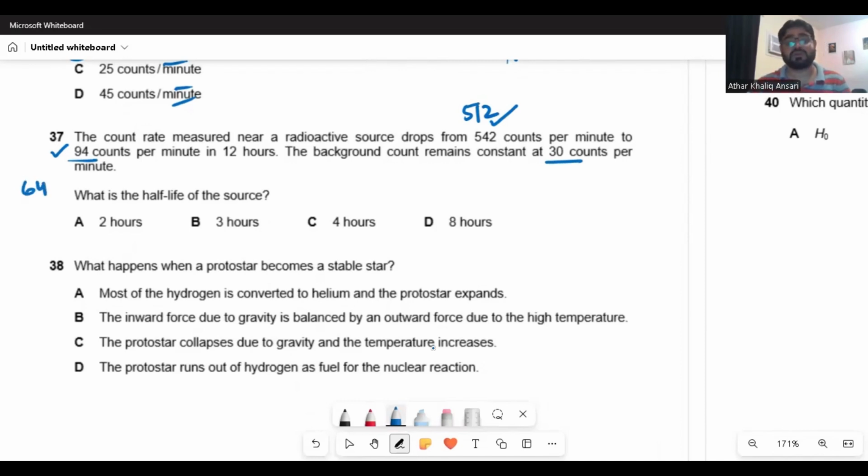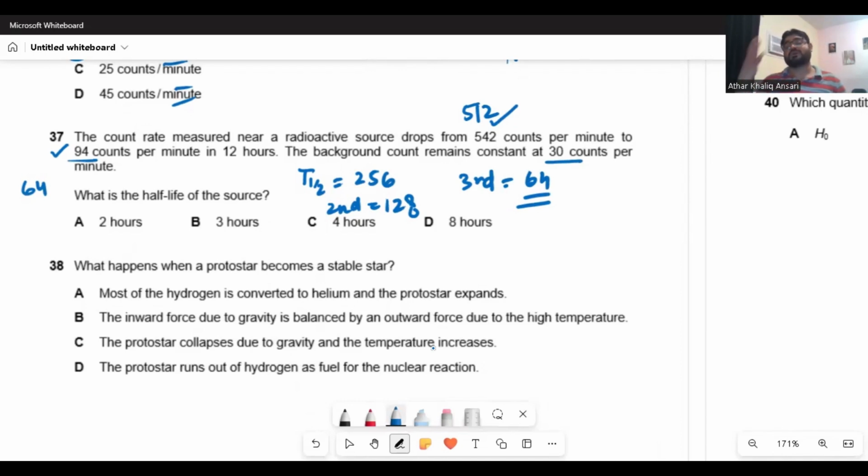From 512, the first half-life will make it 256, I just divide 512 by 2, the second half-life will change it to 128, and the third half-life will change it, 128 divided by 2, to 64 counts per minute. So 64 counts is coming after three half-lives.